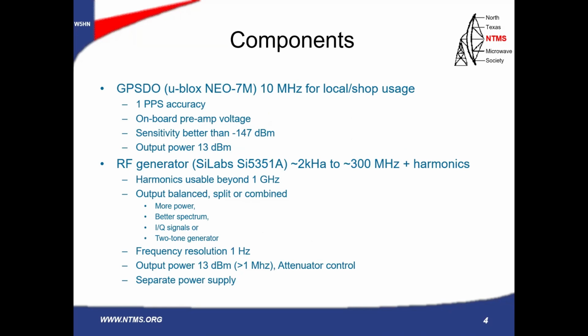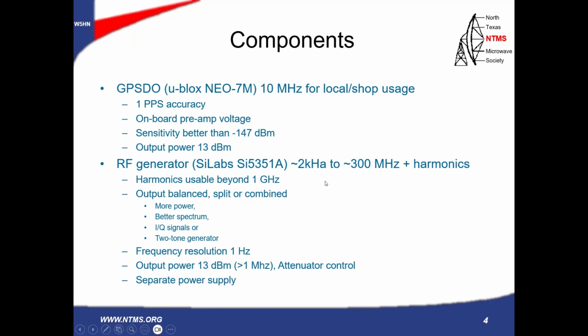I'll just spin through this real quick. The GPSDO is a Neo 7M. It's got 1 PPS accuracy. It's got a preamp. It's got sensitivity better than minus 147 dBm. Output power is 13 dBm. So it's a good, sturdy GPSDO.